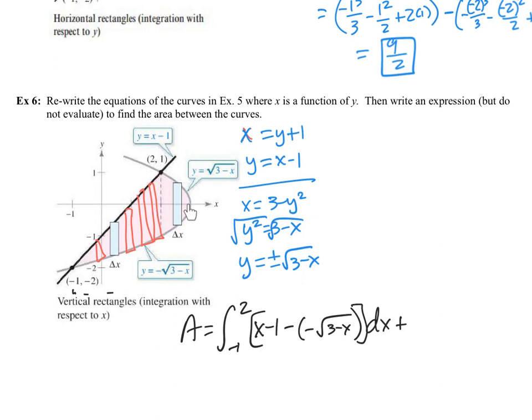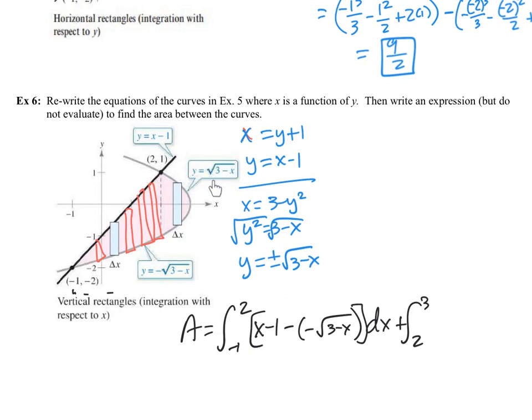Now we need to figure out what this x value is. So what is the x value? This is where y is equal to 0. So what x would make this expression equal to 0? Well, if x were 3, because 3 minus 3 is 0, and the square root of 0 is 0. So we need to add the integral from, pick it back up at 2 to 3, of the top part, this top part of the function minus the bottom part of the function.